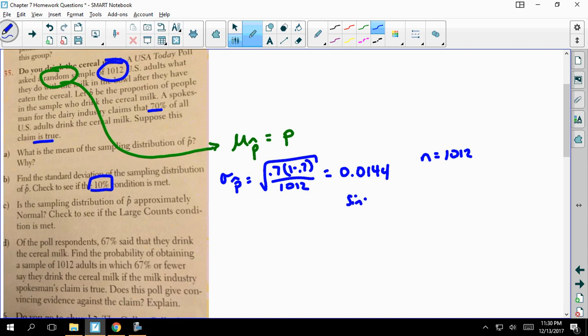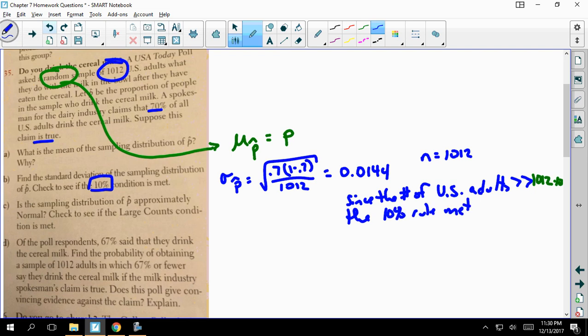So since the number of U.S. adults is way bigger than 1,012 times 10, since it's way bigger than 10 times the size of my sample, the 10% rule is met.